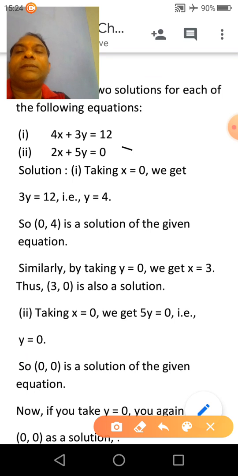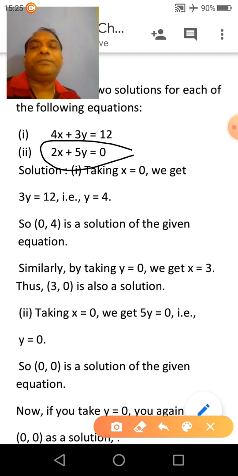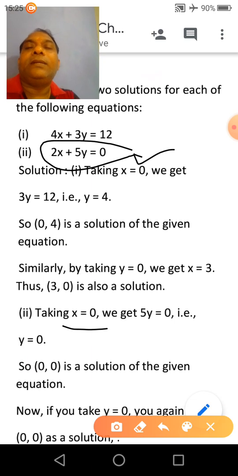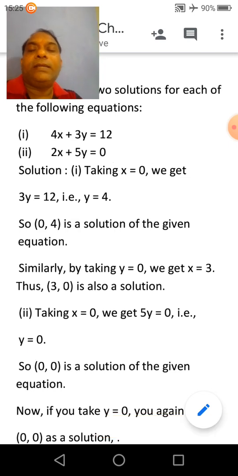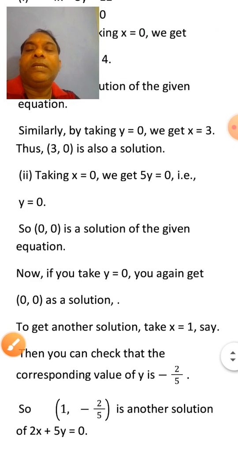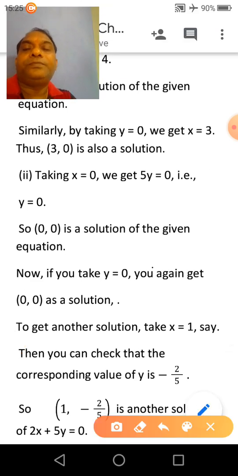Now the second part is 2x plus 5y is equal to 0. So put x is equal to 0 in this equation, then you get 5y is equal to 0, it means y is equal to 0. So (0, 0) is a solution of the given equation. Clear? Similarly, if we put y is equal to 0 in the given equation, then x will also be 0.